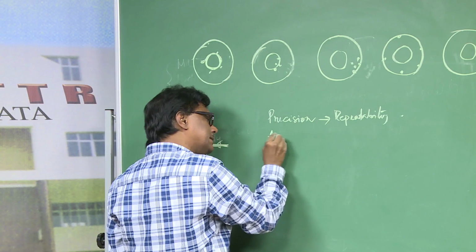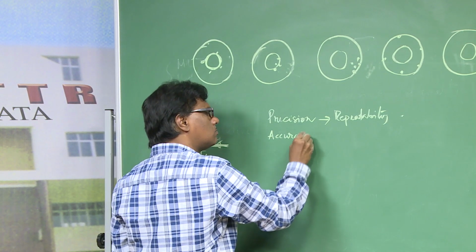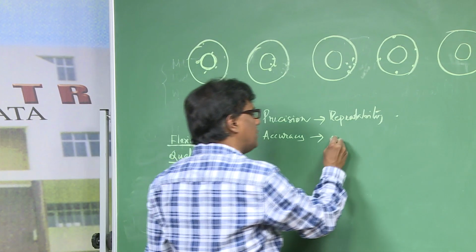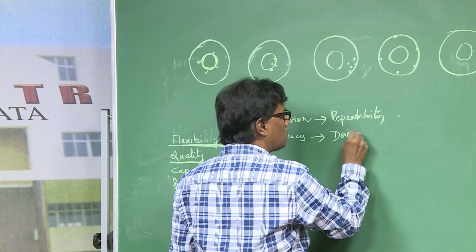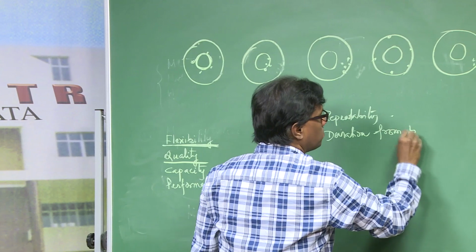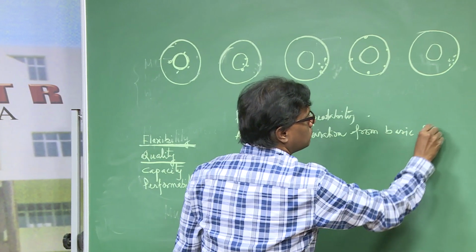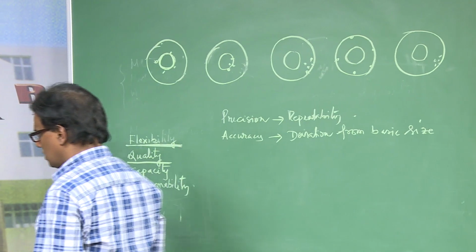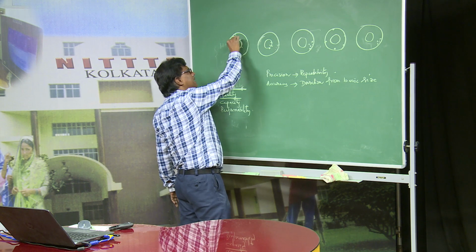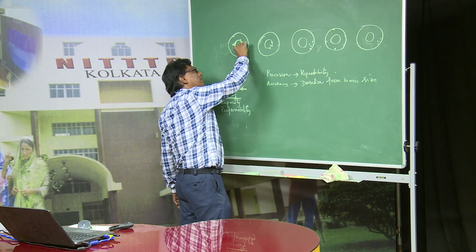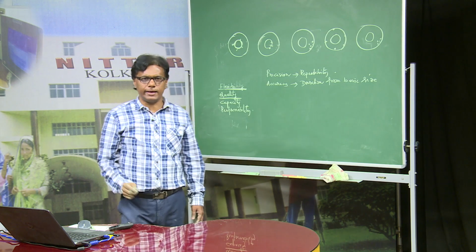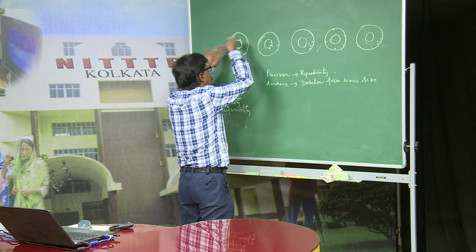Or accuracy represents deviation from basic size. Say, in this case, all of these bullet holes are very close to the basic size.